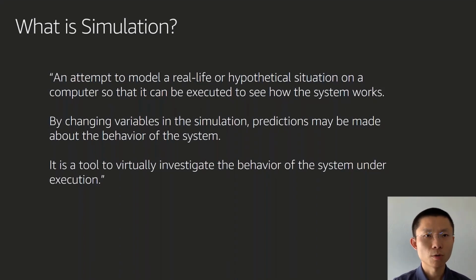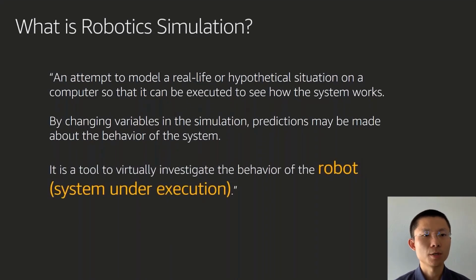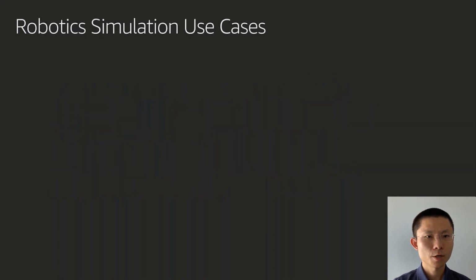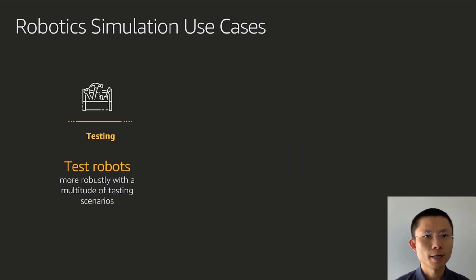And for AWS RoboMaker, the type of simulation that we focus on is robotic simulation. By the very definition, the system under execution here is a robot or a piece of software that's running on a robot. So what are our customers using simulations for in the space of robotics? Number one, testing.